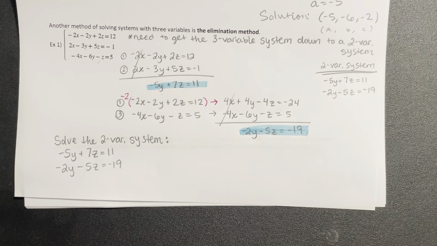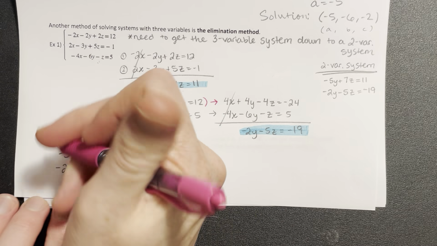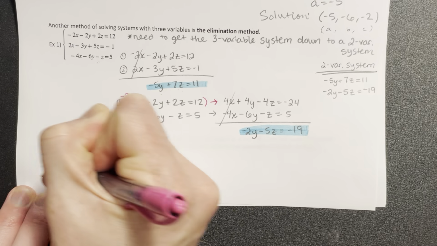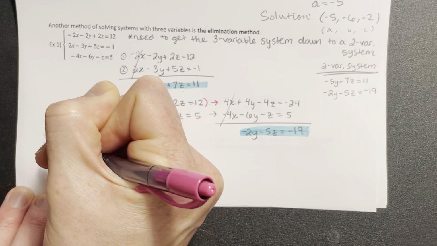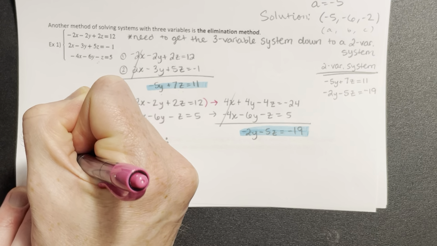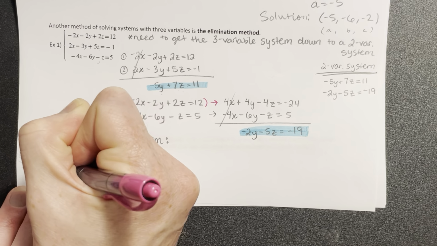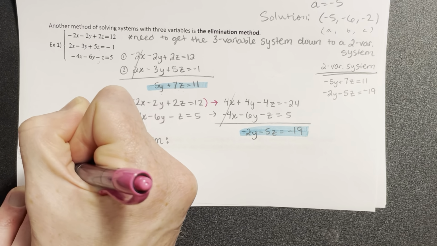All right, I'm going to use elimination, and so that would mean I need to manipulate both the equations. I'm going to multiply the top one by positive 2 and the bottom by negative 5.